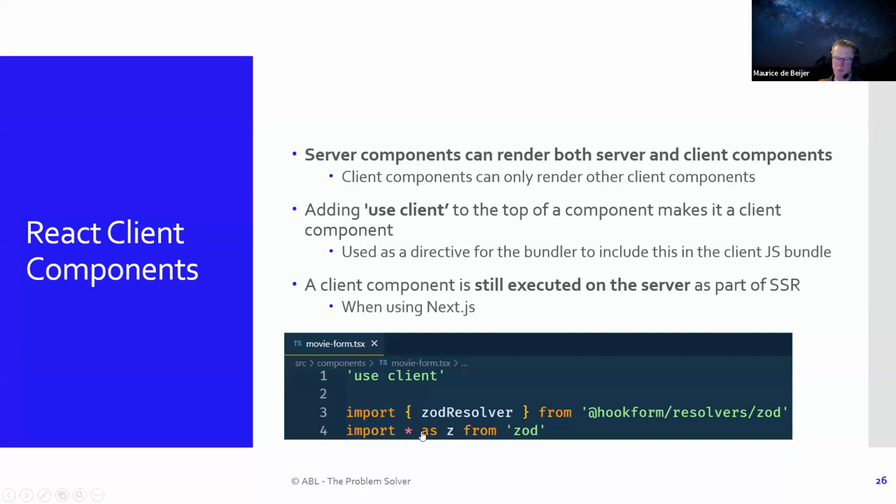Anywhere where you use browser APIs, it needs to be a client component, "use client". If you use context, it needs to be a client component. So lots of those cases need to be client components, and all of those will need to have a "use client" directive.